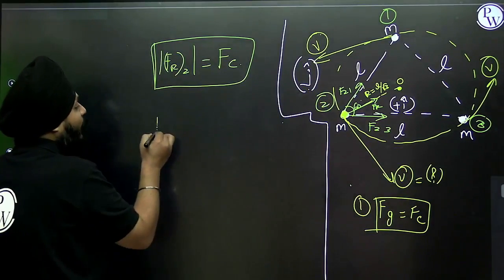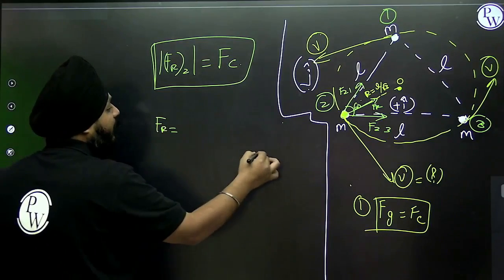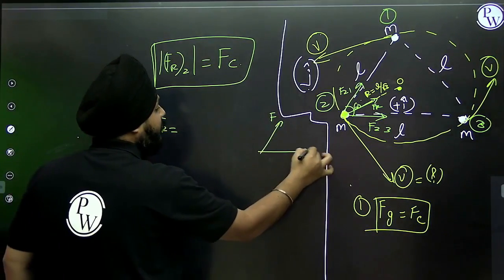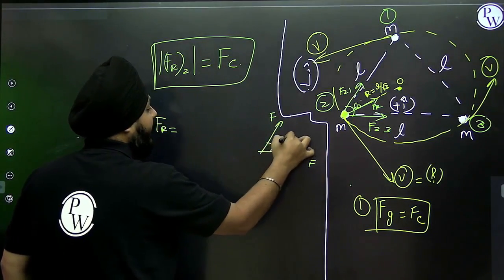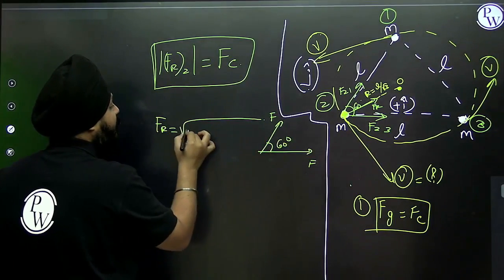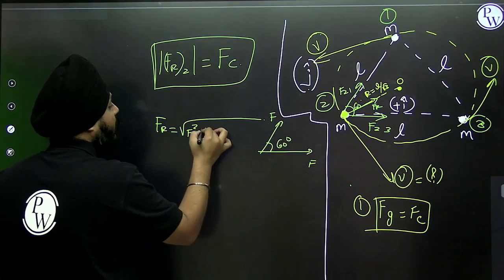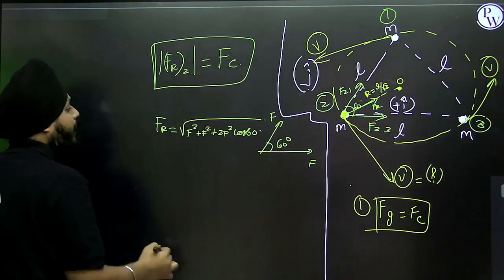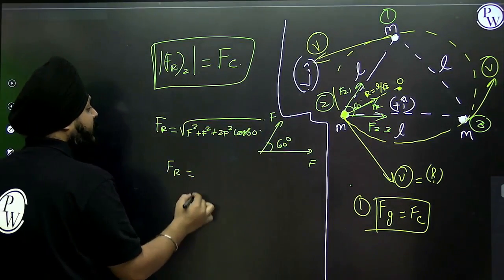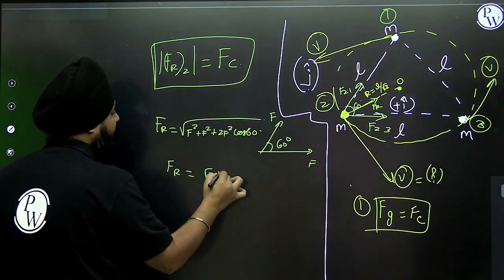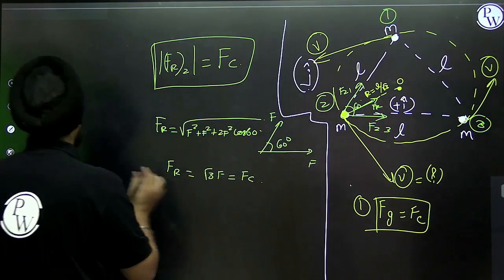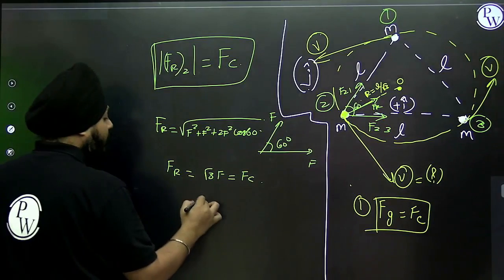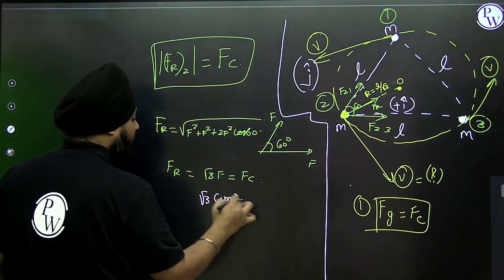So how are we going to calculate this resultant force? One is F, this is F, they both are at 60 degrees. What will be the resultant? F square plus F square plus 2F square cos 60. So the resultant force is equivalent to root 3 F, and that is equivalent to the centripetal force, that is root 3 G m square by L square.